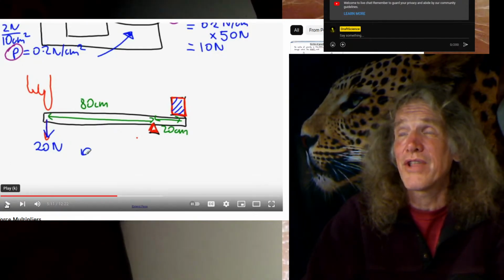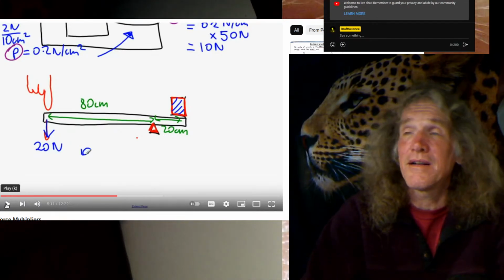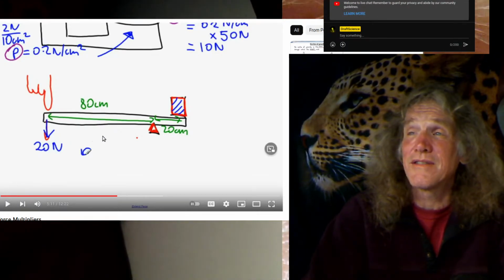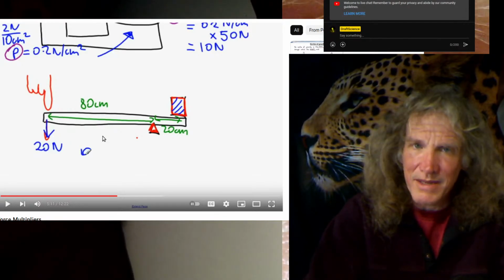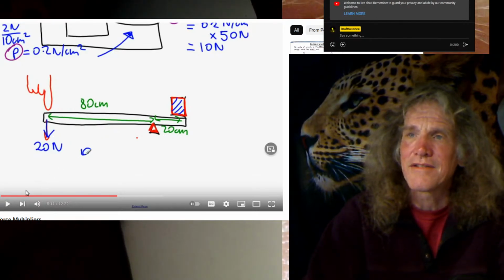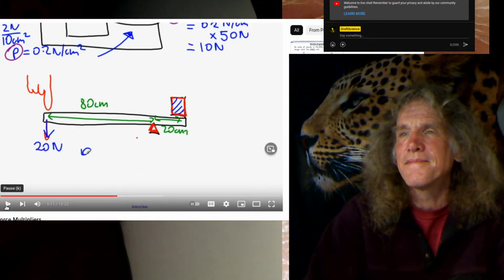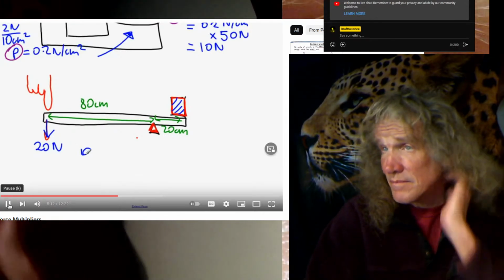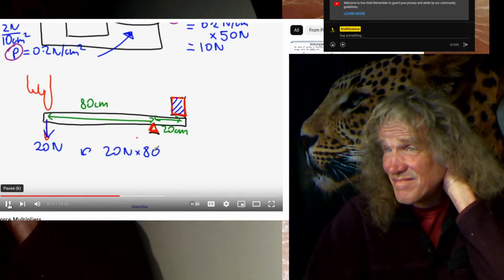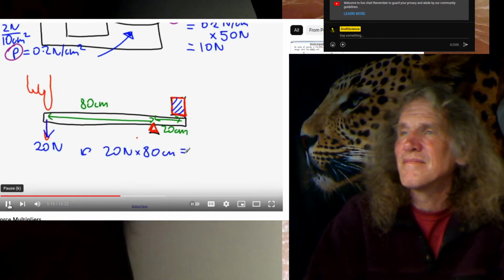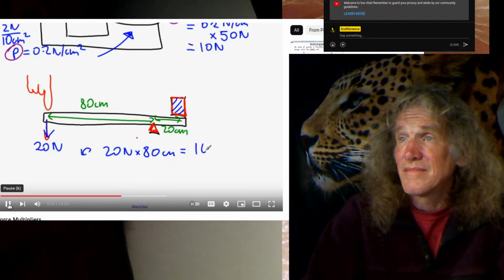It has nothing to do with angular momentum beyond pointing out that the guy's basically saying it's just momentum. So angular momentum is just momentum. It's not some kind of special thing. My finger is causing an anti-clockwise moment. The moment is going to be 20 newtons times 80 centimeters, which is 2 times 8 is 16.